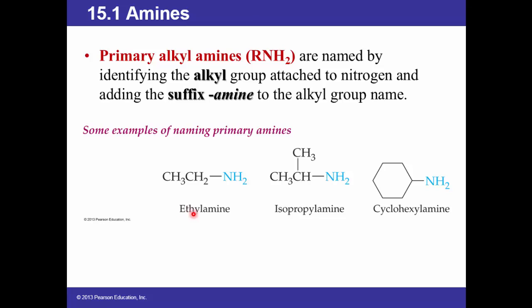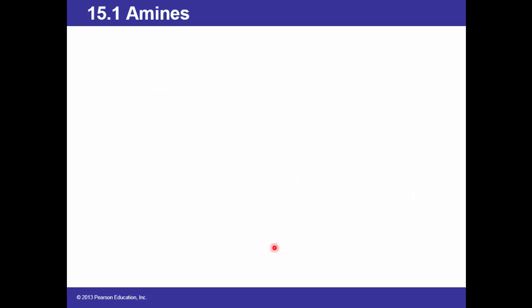This is ethylamine, one word, no spaces. This alkyl group is called isopropyl, so this is isopropylamine. Now, this is a cyclohexylamine. All of these are classified as primary amines.